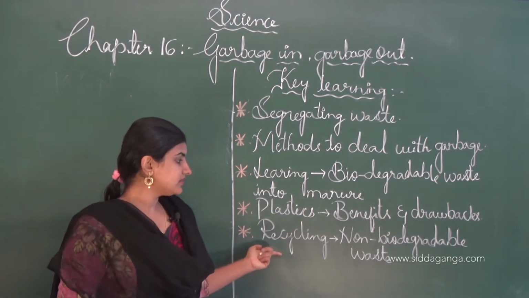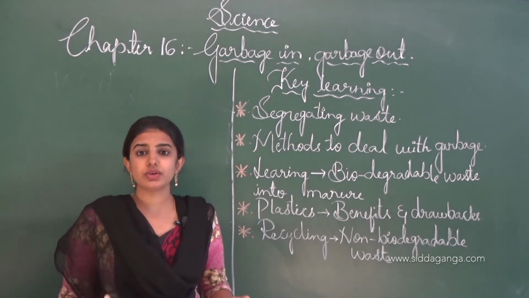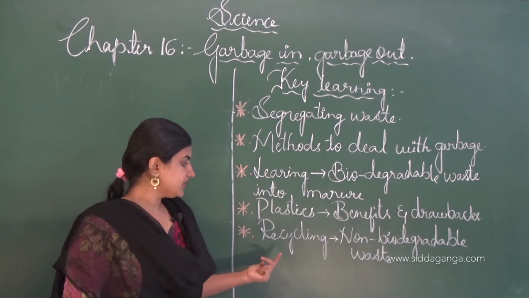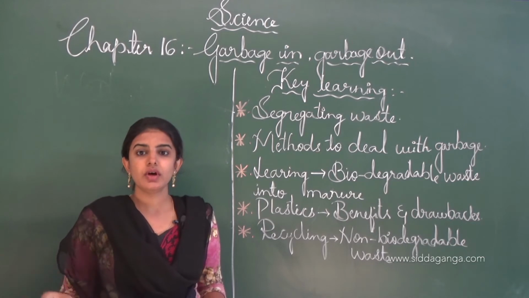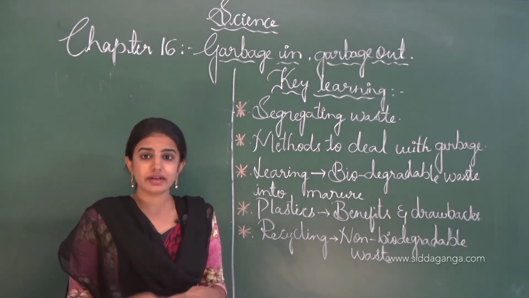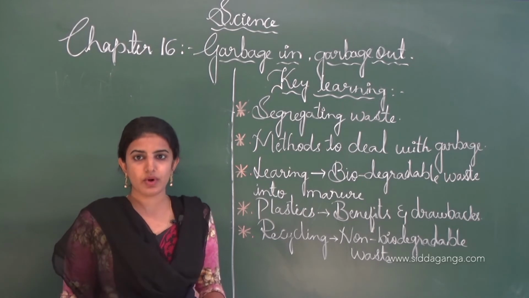Next one is the recycling of non-biodegradable waste. That is why elders suggest that after drinking water from a bottle, we should throw it in a dustbin, and this waste will be recycled. The plastic will be recycled and later we will use the same plastic once again.